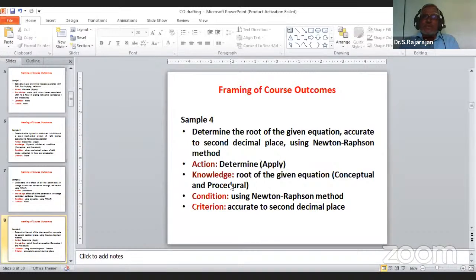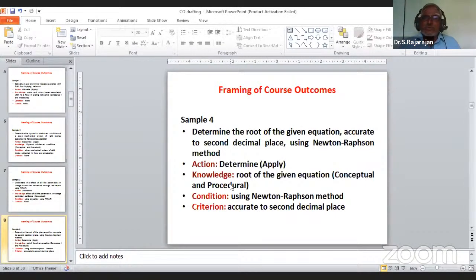There may be n number of sections, 4 sections for the second year students. All second year students may have the same subject, same syllabus, but the teachers are different. By going through this statement, each and every teacher can understand.